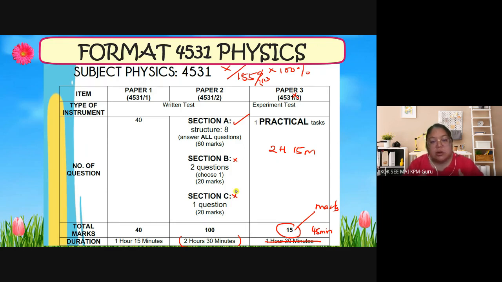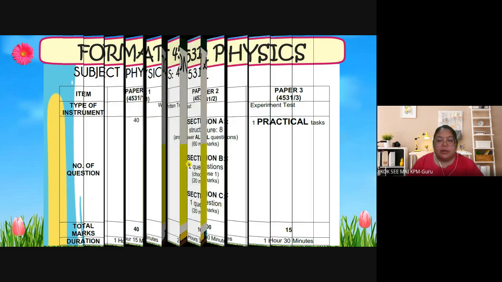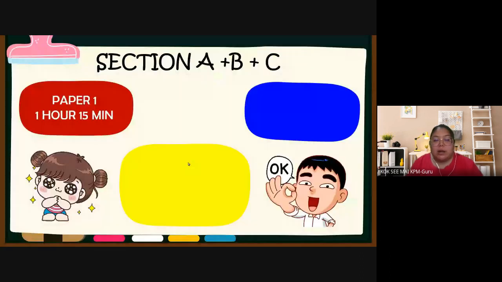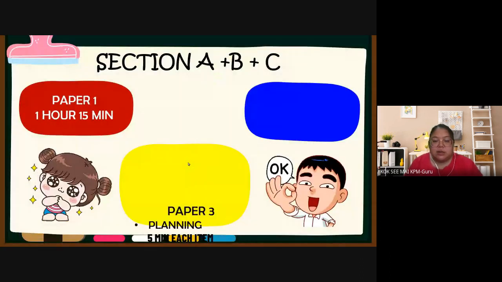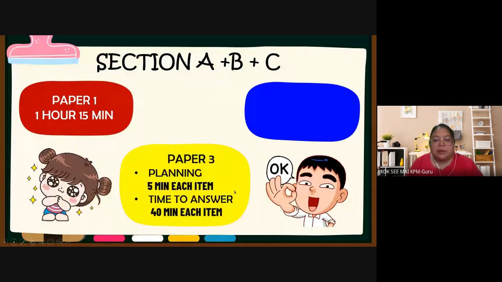The question is all together. 它的 question 是全部一起的，没有位置给你写了的。So important 你要 prepare 你的 full scale paper. So 你的 section B 要写在 full scale paper, section C 也是写在 full scale paper. 然后我们就一起交上去。Okay, so now we're going to see paper 1, 1 hour 15 minutes. Okay, paper 3. Paper 3 suppose is planning 5 minutes. Okay, after that time to answer is a 40.